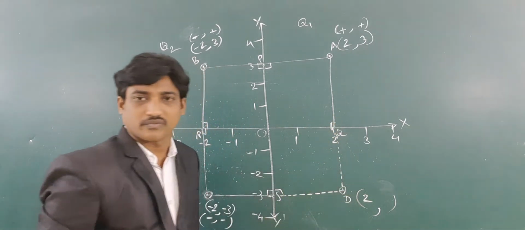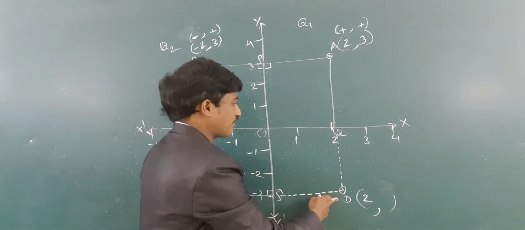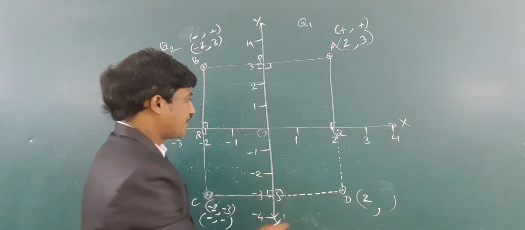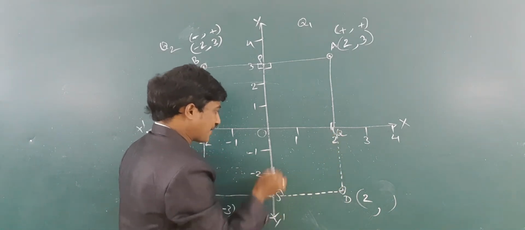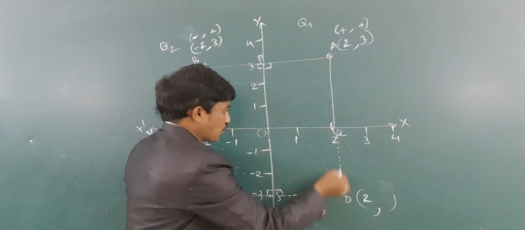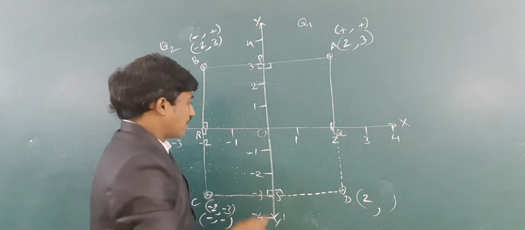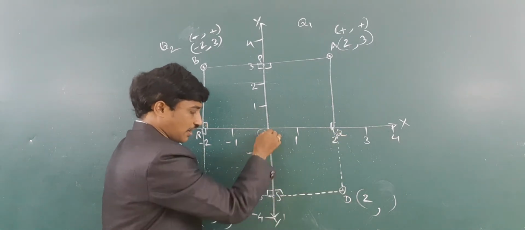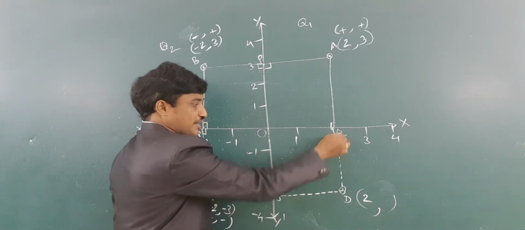DQ, the perpendicular distance from the given point to the x-axis, is the y coordinate. We know DQ is equal to SO. DQ is along OY dash, QD is along the line parallel to OY dash.